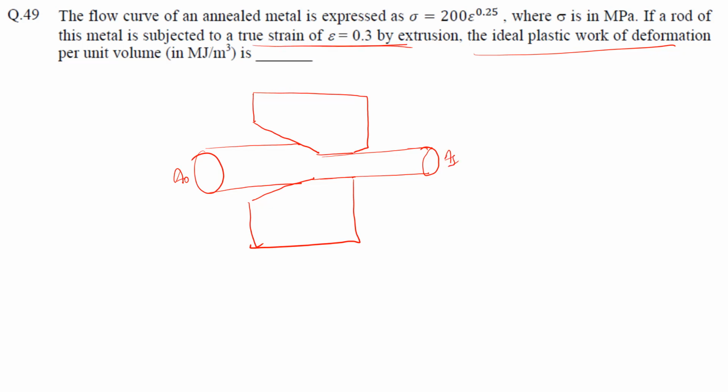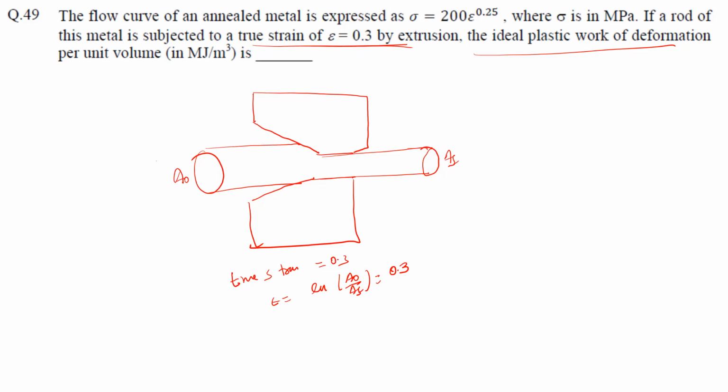Here it is saying that by application of some force, that is by extrusion, the true strain value is 0.3. That means true strain is ln(L naught A naught by AF), and it is equal to 0.3.